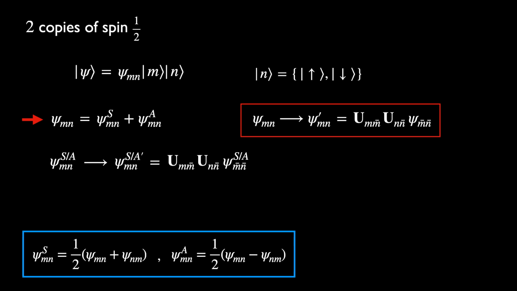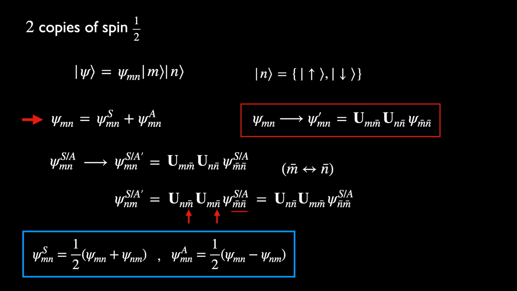To demonstrate that the transformed psi prime preserves its original symmetry or anti-symmetry, let's switch the indices of psi prime. We can relabel the dummy indices, writing m bar as n bar and vice versa. Then switch the indices of psi using its symmetry or anti-symmetry.